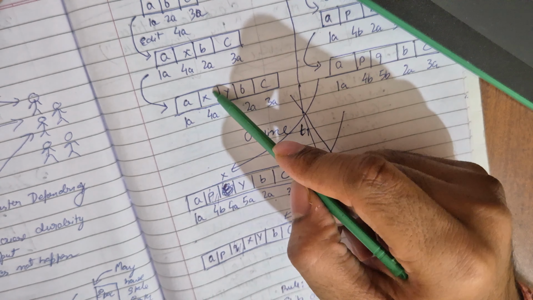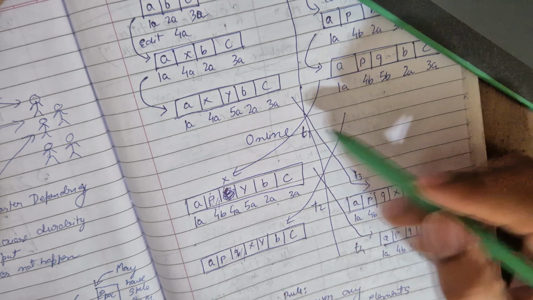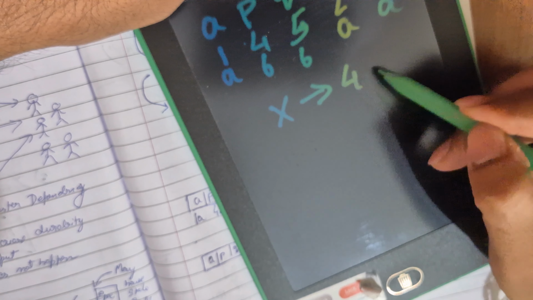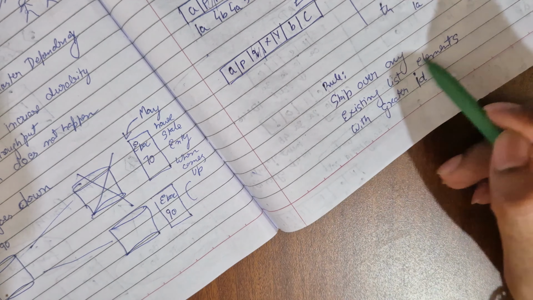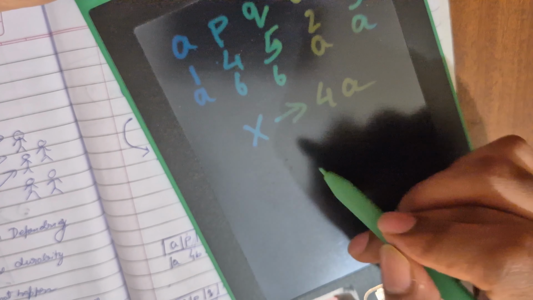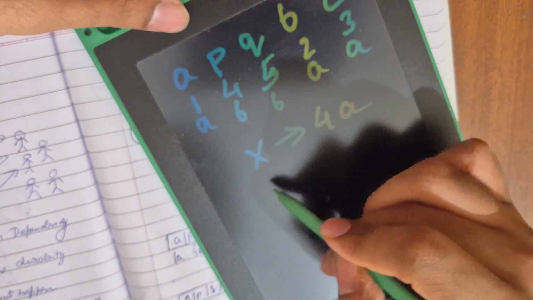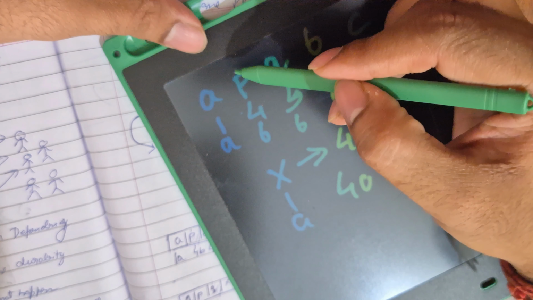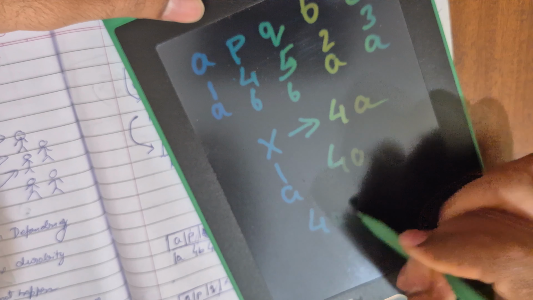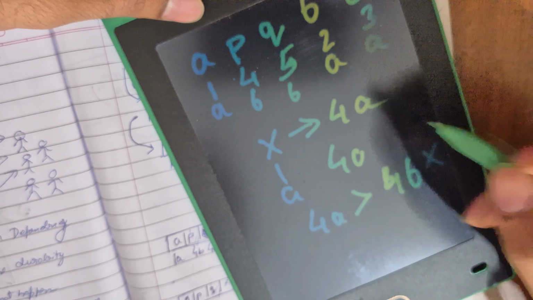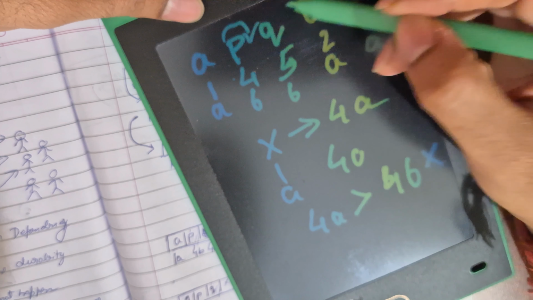From server 1, basically X is coming, which is 4A. So we had this rule, right? Skip over any existing element with greater ID. The rule with 4A was that 4A should be after 1A. It went after 1A. Now it sees, is 4A greater than 4B, which is no.